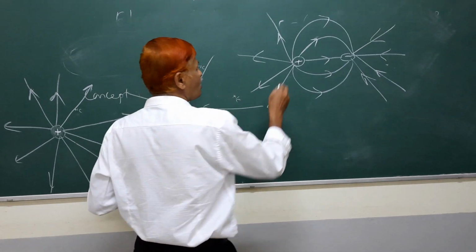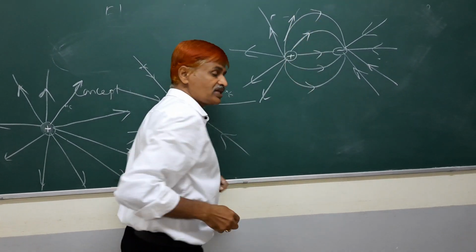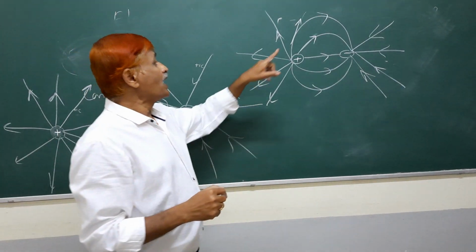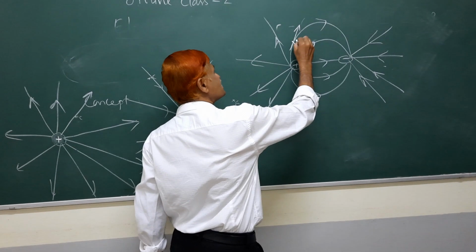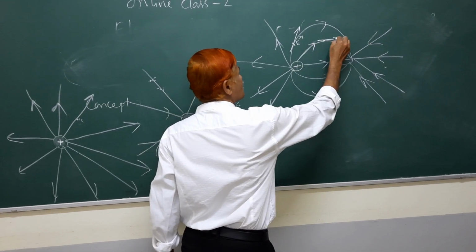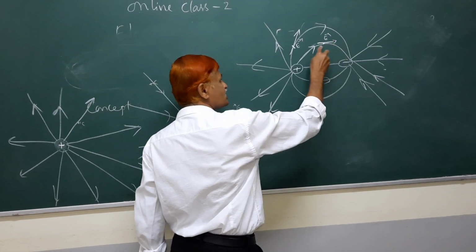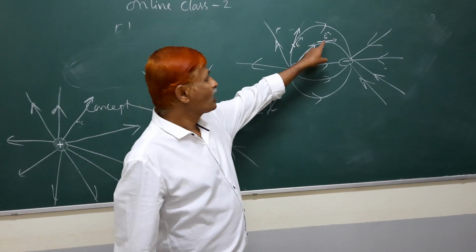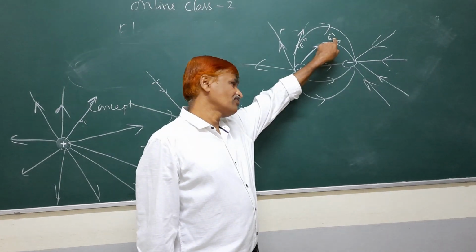And if you draw a tangent to these imaginary lines, at any point you will get the direction of electric intensity at that point. So the tangent at any point on this curve will represent the direction of electric intensity.